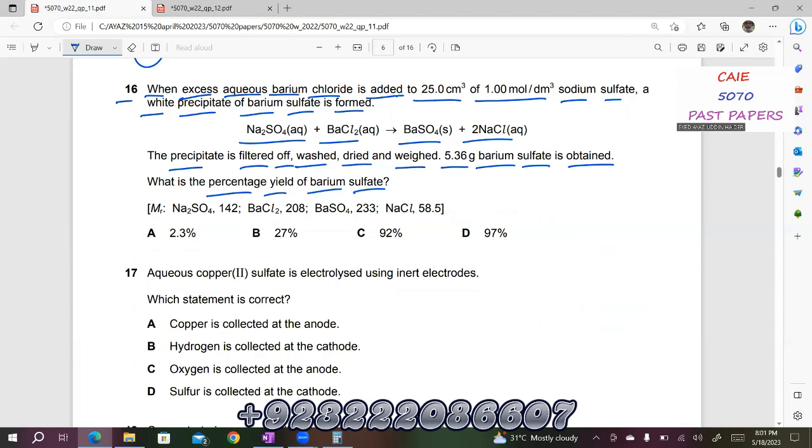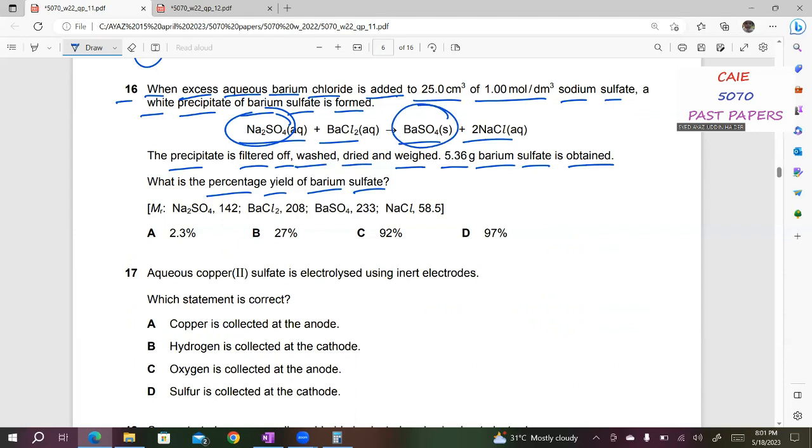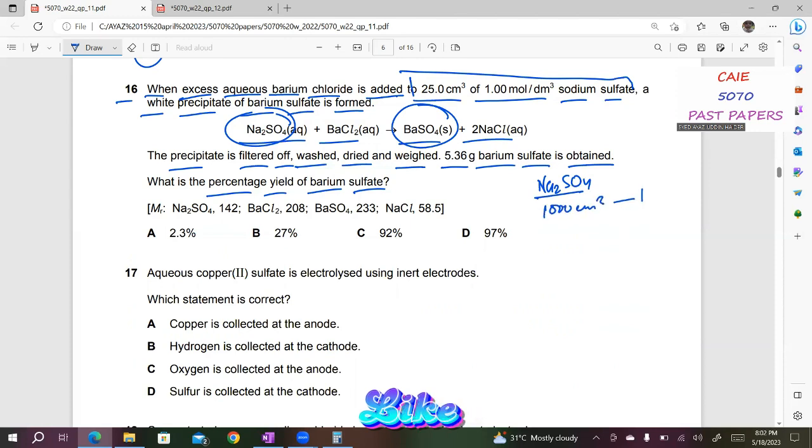Now we are concerned with the mass of sodium sulfate, Na2SO4, and barium sulfate, BaSO4. First of all, I will calculate the mass of sodium sulfate. For this, I need to calculate the moles of sodium sulfate from the information. 25 cm³ of 1 mol/dm³ sodium sulfate means 1000 cm³ contains 1 mole.